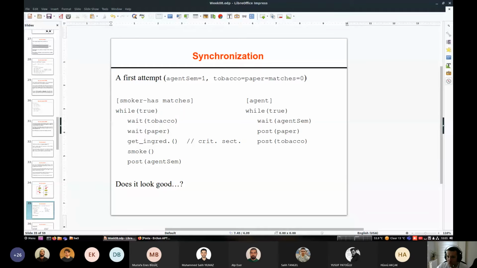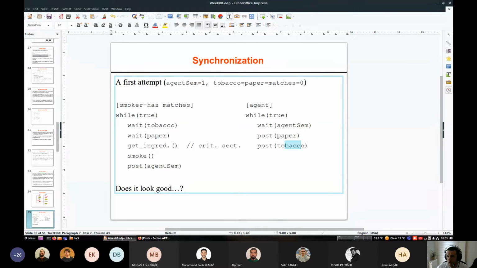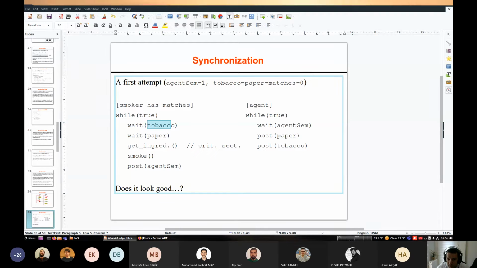So the agent now has brought paper and tobacco. Normally, only the smoker that has matches can make a cigarette. So it tries to get the tobacco, very nice. And just while it is about to get the paper, the other smoker that needs, for instance, paper and matches, takes the paper.